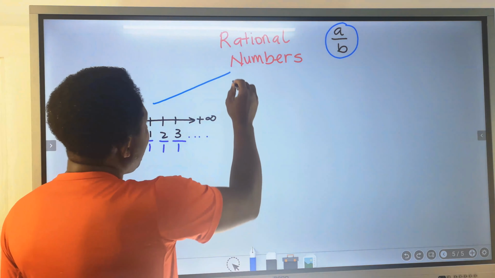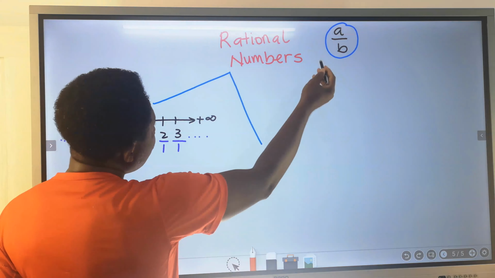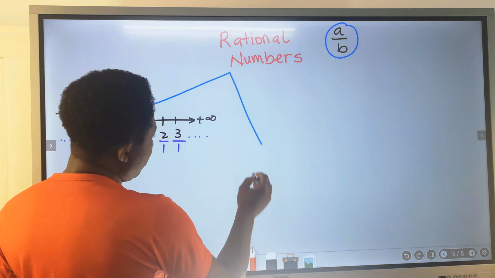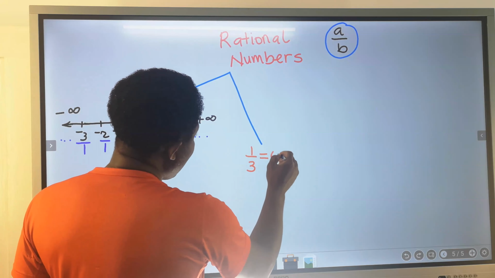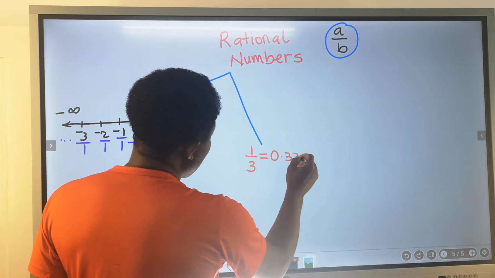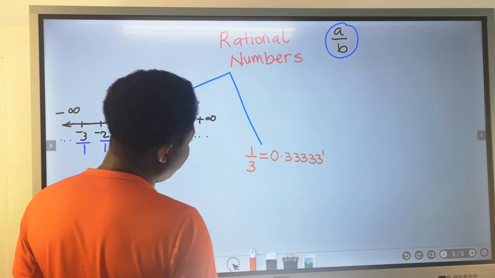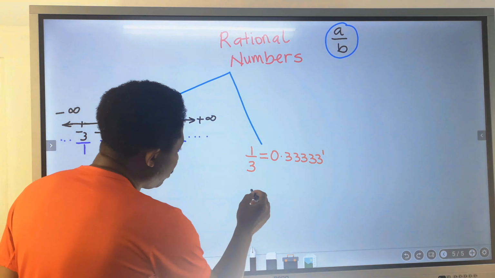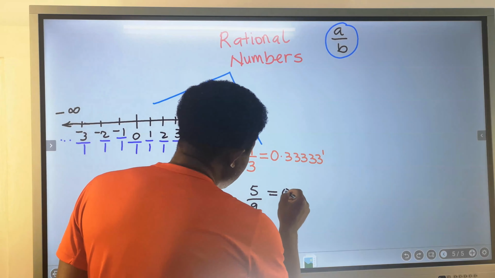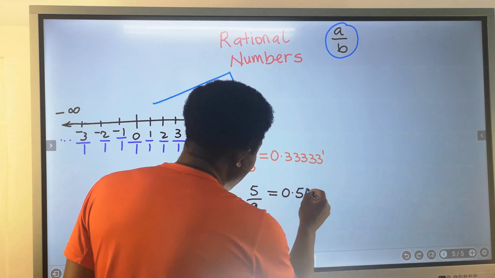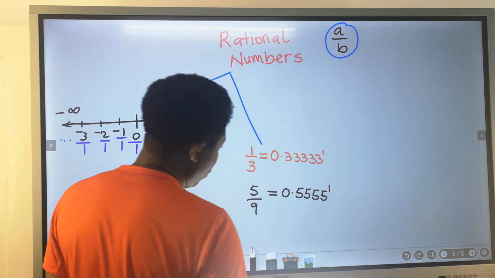Rational numbers have another definition, which states that any two numbers that you divide, for example 1 over 3, will give you a number that keeps reoccurring. This number continues indefinitely. Another example is 5 divided by 9, which is 0.5555, and it continues reoccurring.